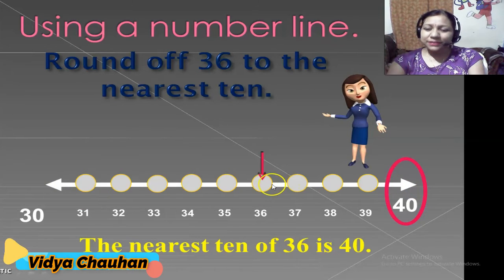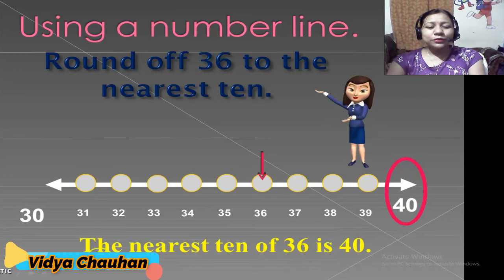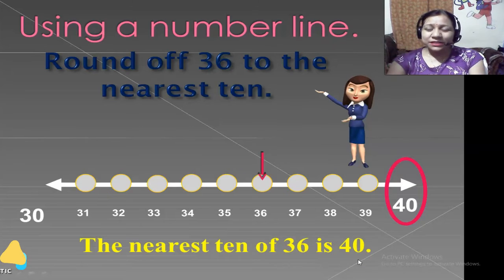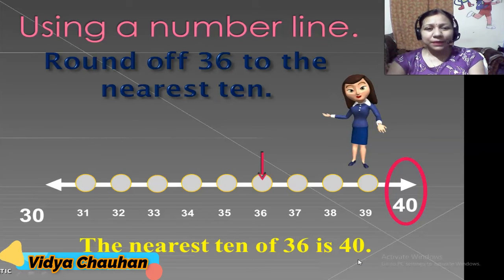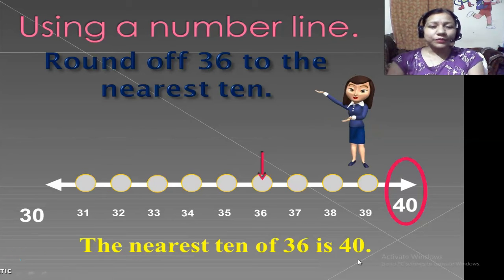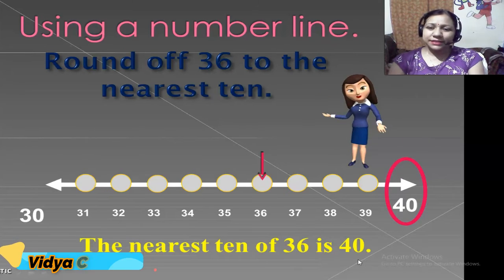Since 36 is nearer to 40, the nearest 10 of 36 is actually 40. Okay students, so this is how you can do the round off by using a number line. This is our first example in which we have rounded off 36 to nearest 10.